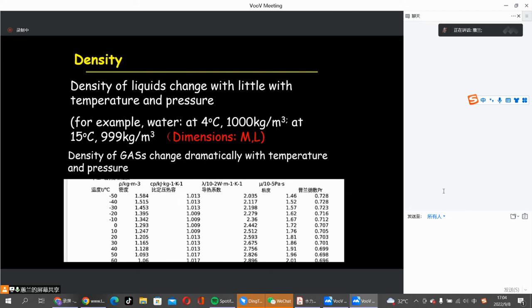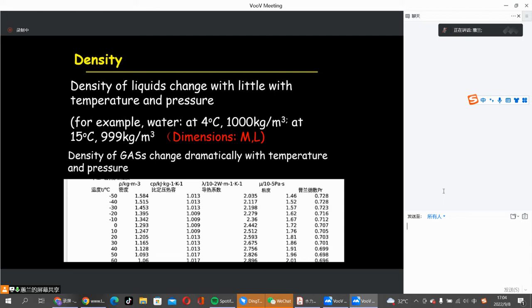For density, we know that fluid includes liquid and gas. When we talk about their properties, sometimes we need to specify whether it's liquid or gas because they have different performance. For liquids, their density changes little with temperature and pressure.